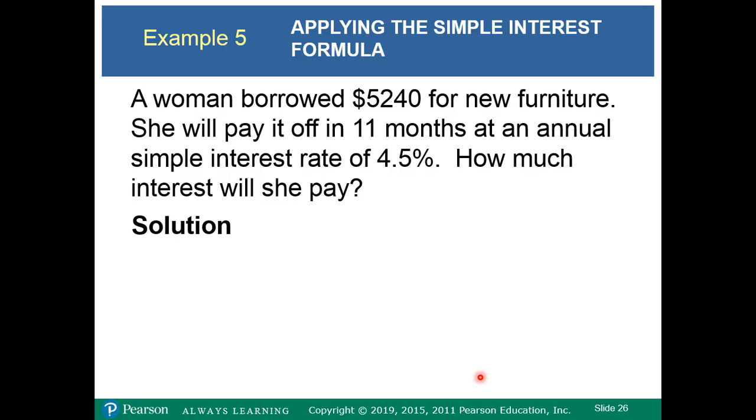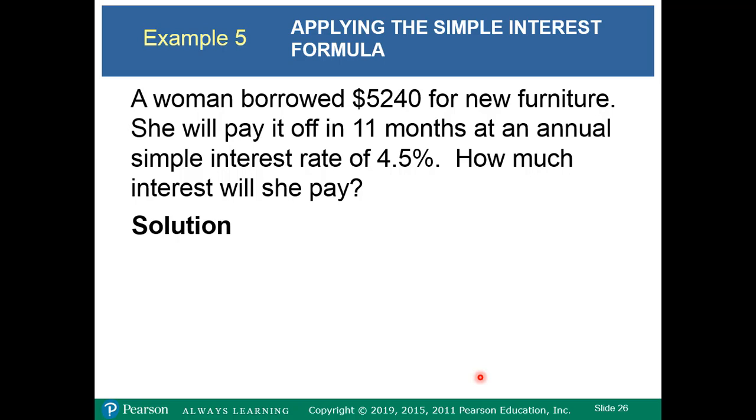Okay, and so 11 months is the same as 11 twelfths of a year. So we're going to have to divide it by 12. So 11 divided by 12 will give us years. Okay, and then we also have to drop the percent sign and change that percentage to a decimal. So the interest rate has to be in decimal form.